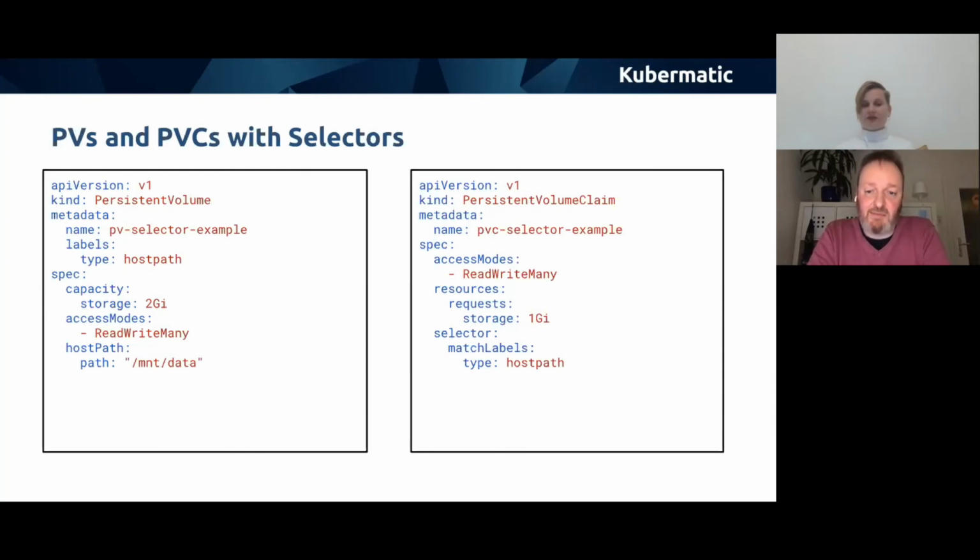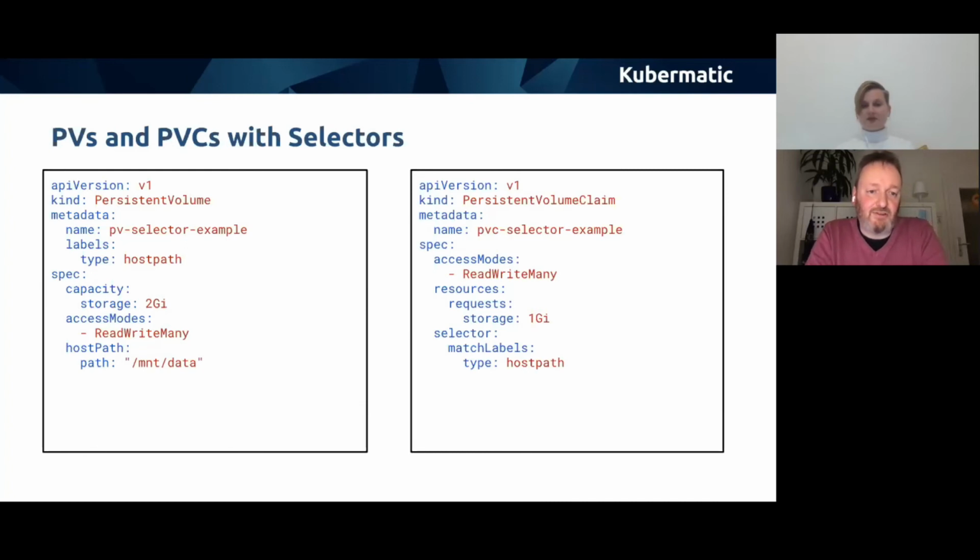So it isn't done by storage in this case, or by storage class. It is done by the labels, but still storage has to match, and the access mode has to match the provided access mode.